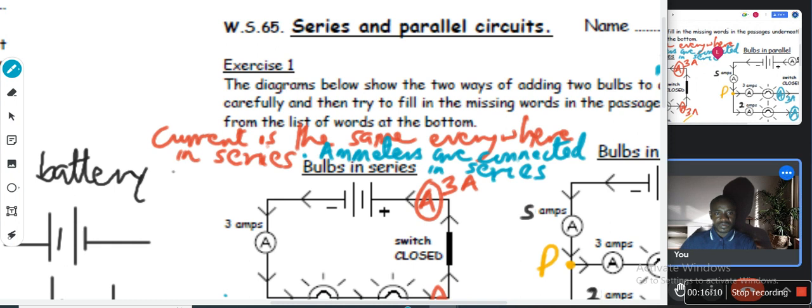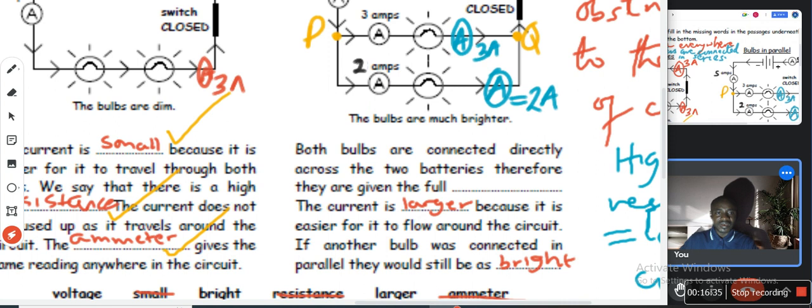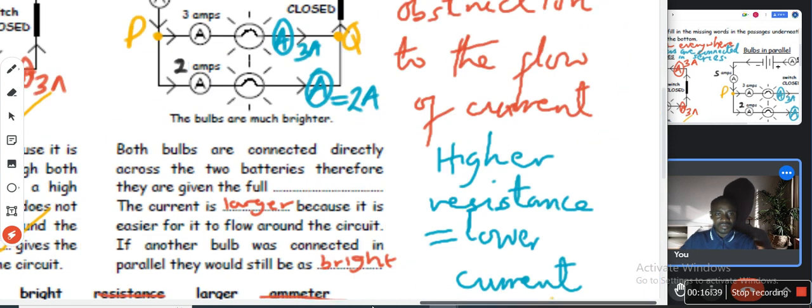The reason is because they are measuring current, and current is the same everywhere in series. If you want to connect an ammeter, it should be in series like this, just end to end. But if you want to connect a voltmeter, you have to connect it in parallel. I will explain that later, maybe in the next block.